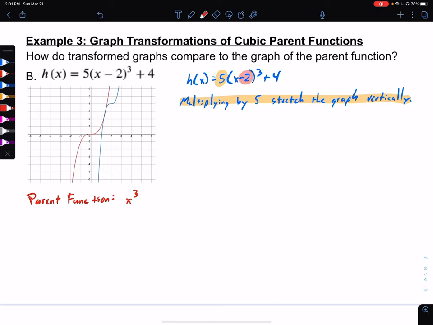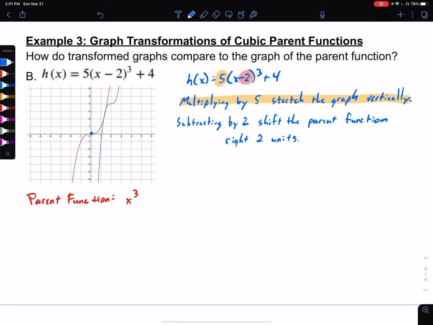Now we're going to look at this -2, or subtracting 2. Again, this should be kind of review, but by subtracting 2, we're going to shift the parent function right 2 units.